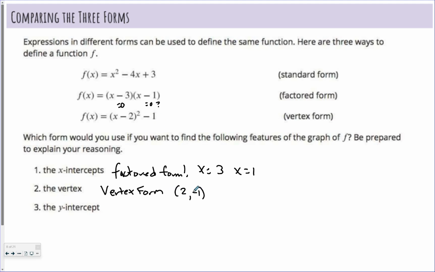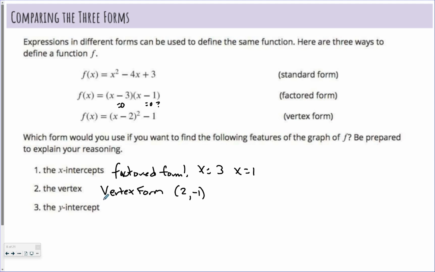So the vertex here will be this. And if you're not sure, then try it out. Take the 2, plug it in for x. This is just going to turn into 0 and vanish, and the negative 1 is going to remain there unchanged. So that's why that one does not change sign. So just be careful.